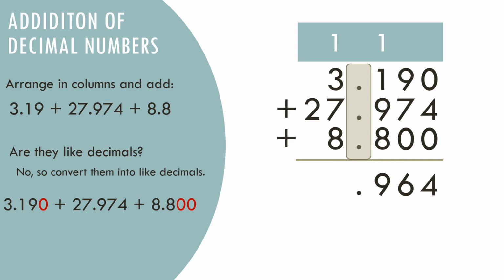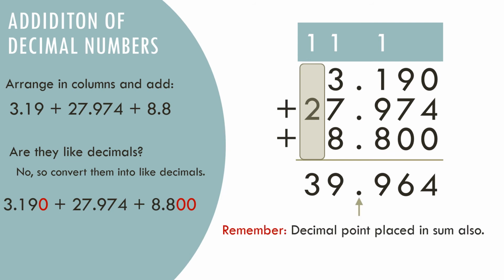Then write the decimal point as it is. Then add 1 plus 3 plus 7 plus 8 is equal to 19. So write 9 below the line and carry 1 to the tens place. Then add 1 plus 2 is equal to 3. So write 3 below the line. So the answer is 39.964. Remember, the decimal point is placed in the sum also.